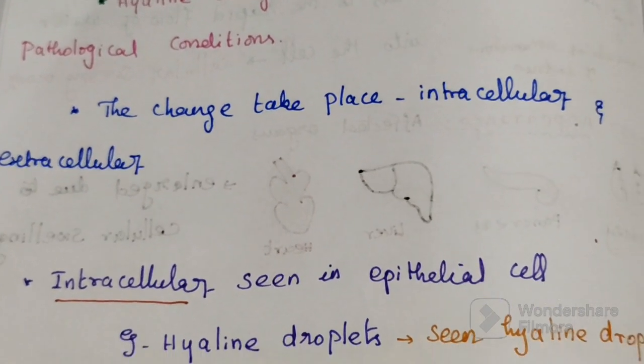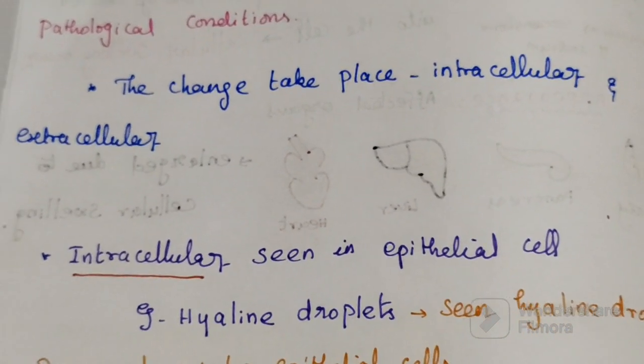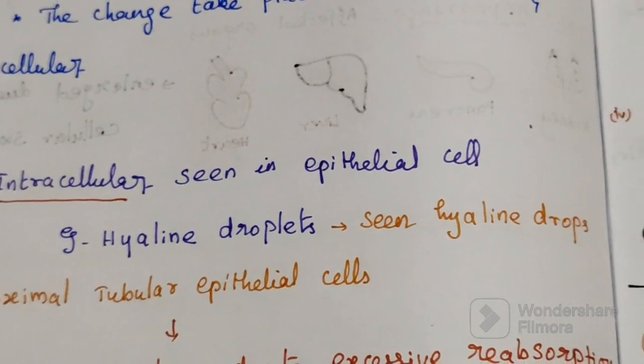Intracellular hyaline is seen in epithelial cells, for example hyaline droplets.